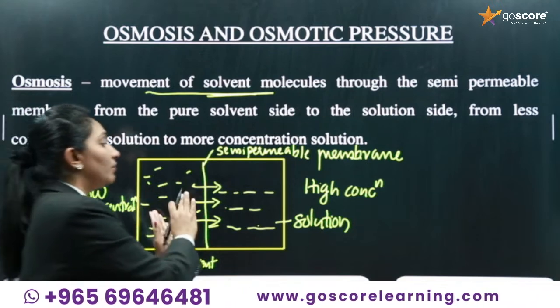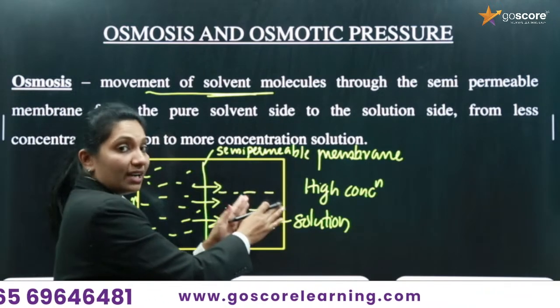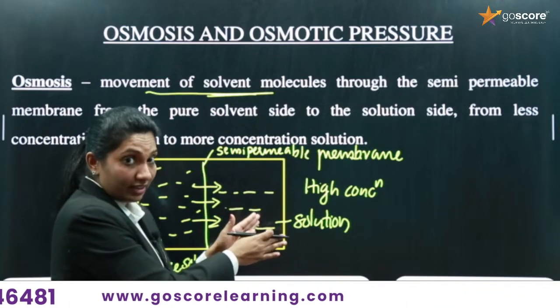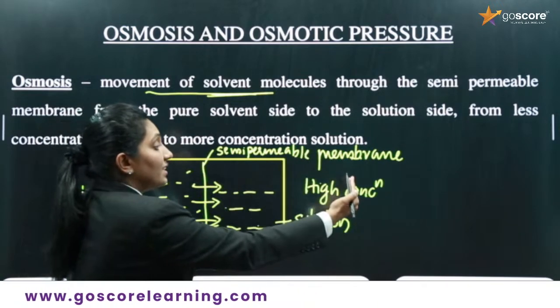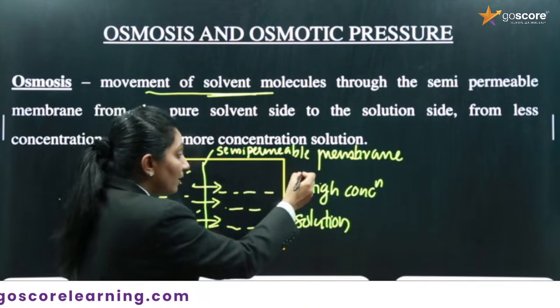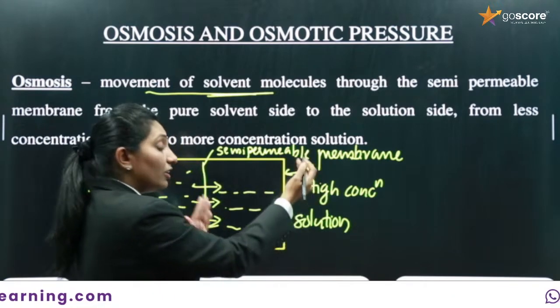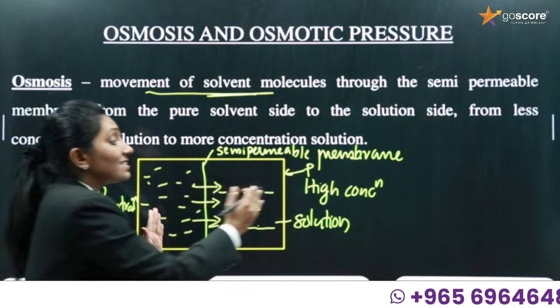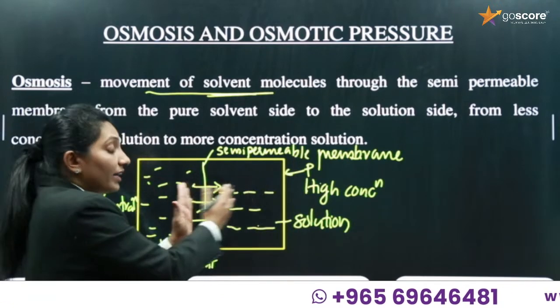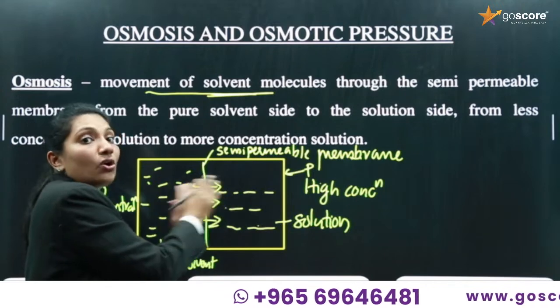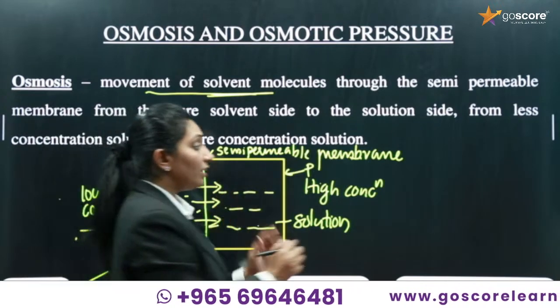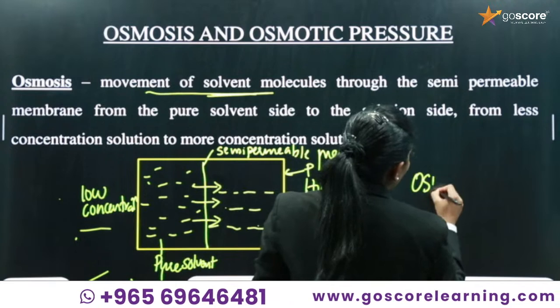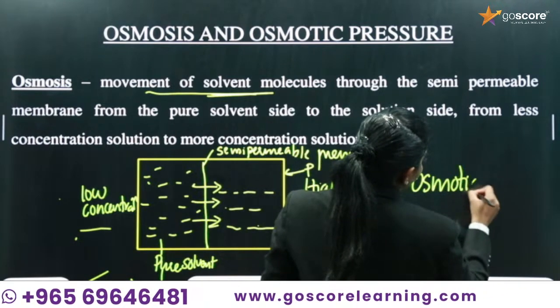osmosis. So when the solvent moves from this side to this side, definitely it will cause a pressure here, right? And the pressure we are exerting, the external pressure we are giving to stop this flow of movement. Okay, the external pressure applied to stop this flow of solvent is called osmotic pressure.